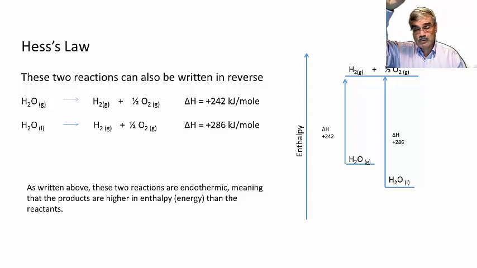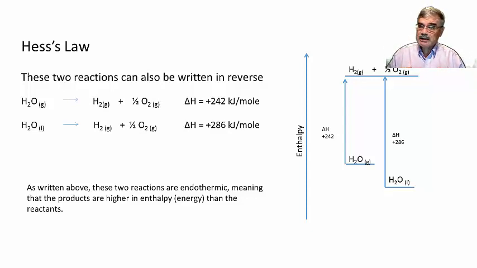How far? 242 kilojoules. And likewise, I have the second reaction, water in the liquid phase, which starts a little bit lower, and it also breaks apart into hydrogen gas and a half an oxygen molecule. There, the step is 286 kilojoules. So the point is that we can either go up or down, depending on how we define our reactions.